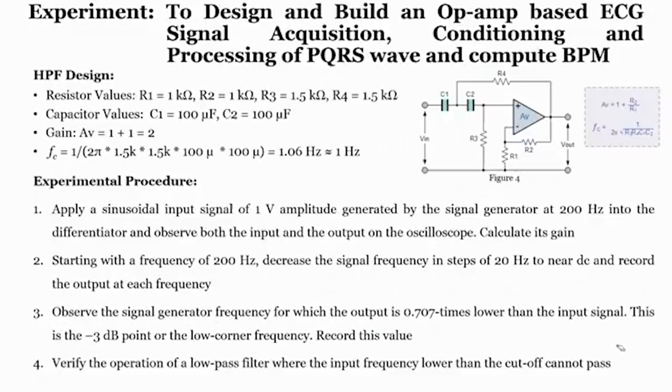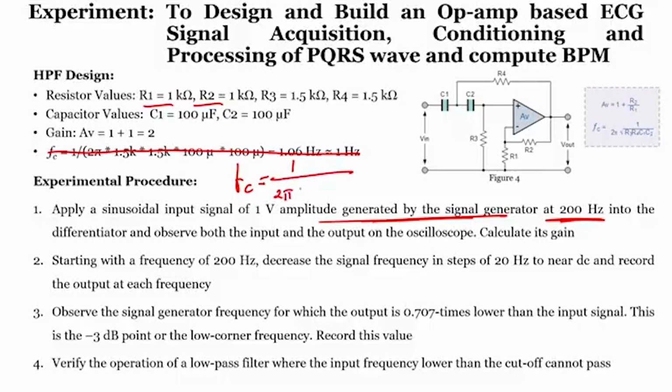Okay. Now, let us see how we can design a high pass filter. Here we have a value of R1, R2 equal to 1 kilo ohm, R3 1.5, R4 1.5. The capacitor values are C1 equals 100 microfarad, C2 equals 100 microfarad. Then Fc equals 1 by 2 pi under root of R3, R4, C1, C2.